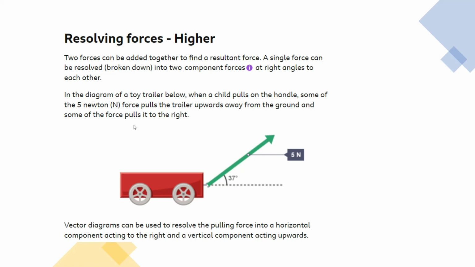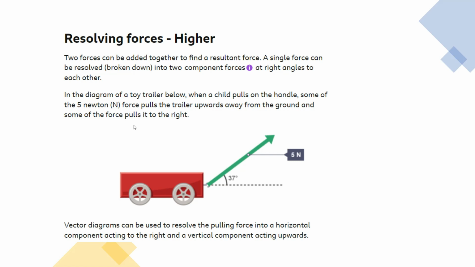As you can see, a single force can be resolved into component forces at a right angle to each other. The diagram shows a toy, where the child pulls on a handle with 5 Newtons of force. Some of the force pulls the trailer upward away from the ground, and some of the force pulls it to the right.